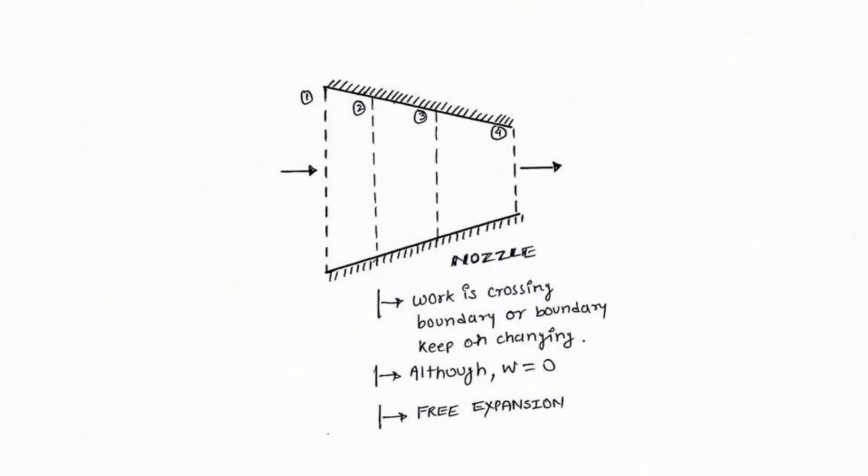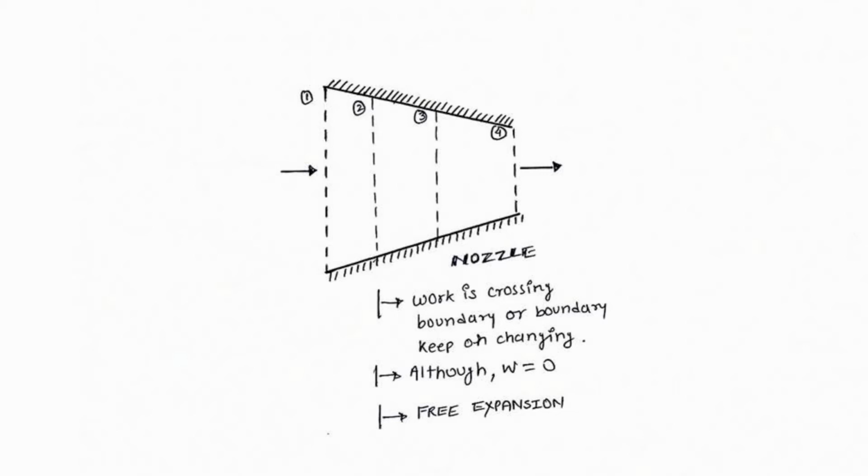Now let's take an example of a nozzle. Let's assume a fluid is flowing from one end to another, from point 1 to point 4, and I have bifurcated the nozzle into basically 3 parts having different boundaries, denoted by this imaginary line. So if a fluid is moving from point 1 to 2, then 2 to 3, then 3 to 4, what is happening?